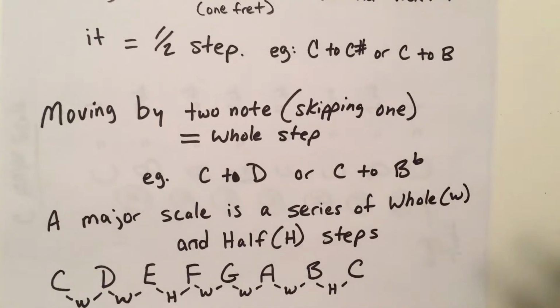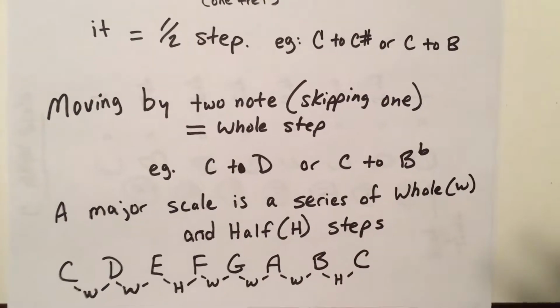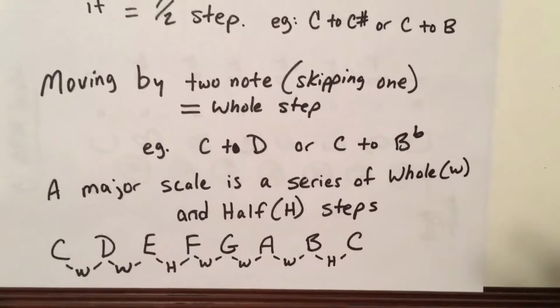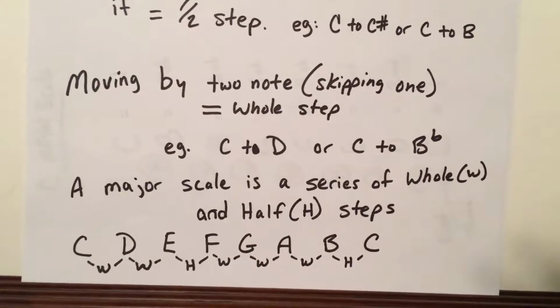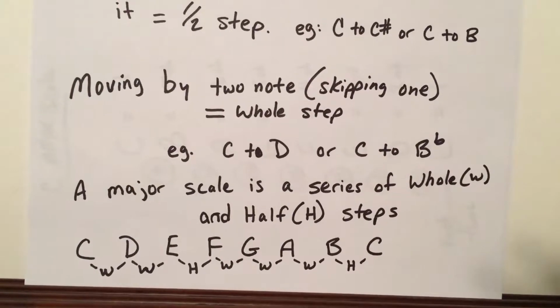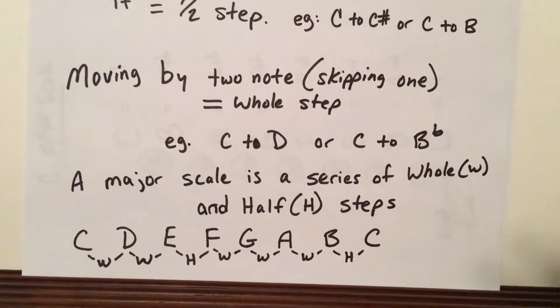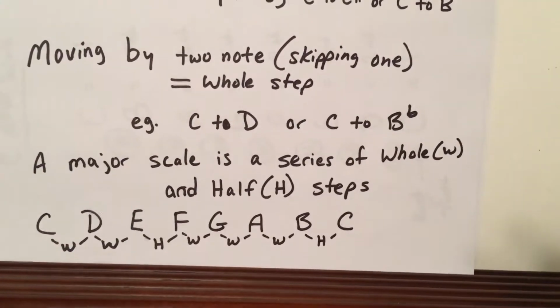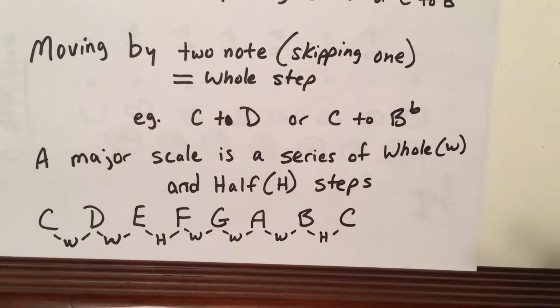A major scale is made up of a series of whole and half steps. From C to D is a whole, half, whole, half.